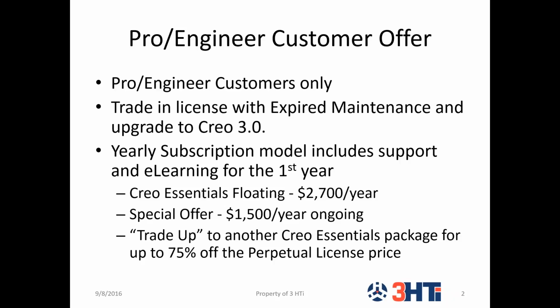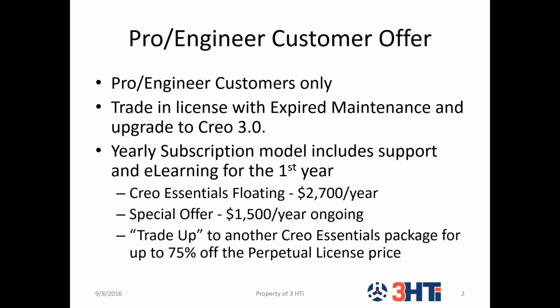So if you have a base license of Pro Engineer Wildfire 4, 5, or whatever, everything that you saw today is in the base package, which is called Creo Essentials. A Creo Essentials license is about $7,500 for a new license. That includes the first year of support.